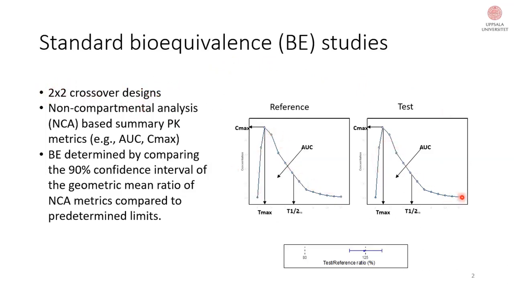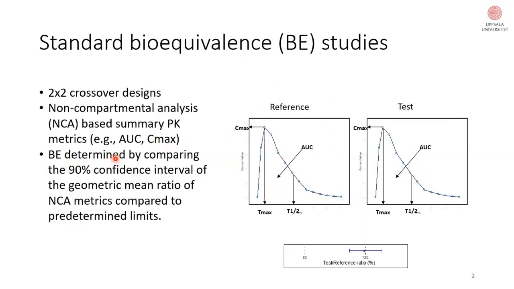You'll get two of those per individual, depending on the reference or test product, as well as other things like Cmax, in order to understand that curve and whether they're equivalent. Bioequivalence is then determined by comparing the 90% confidence interval of the geometric mean ratio of these NCA metrics.